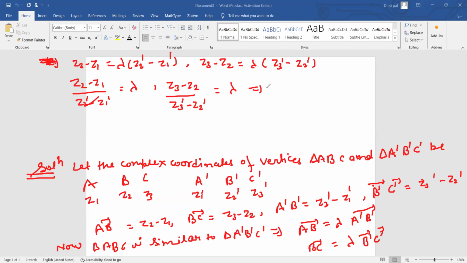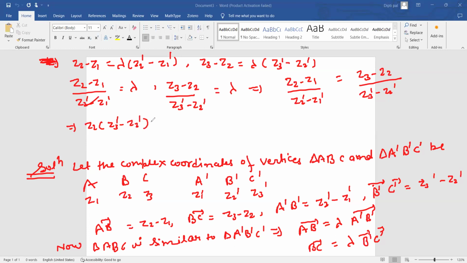It means both are equal to each other: Z2 minus Z1 upon Z2 dash minus Z1 dash equals Z3 minus Z2 upon Z3 dash minus Z2 dash. Okay, we can solve it. So this implies that Z2 into Z3 dash minus Z2 dash.